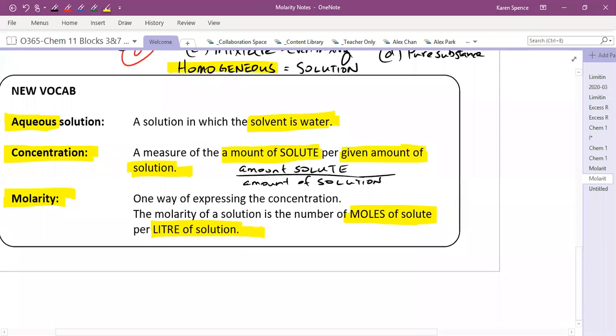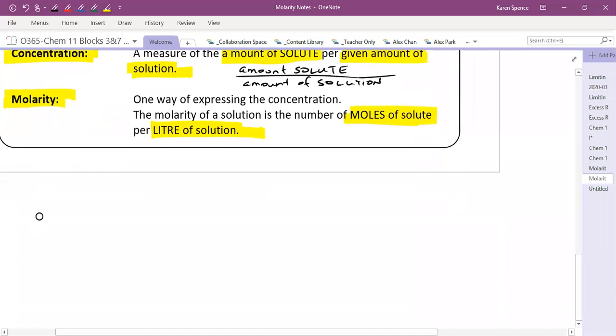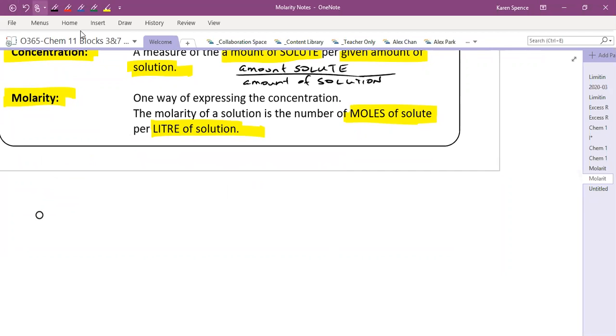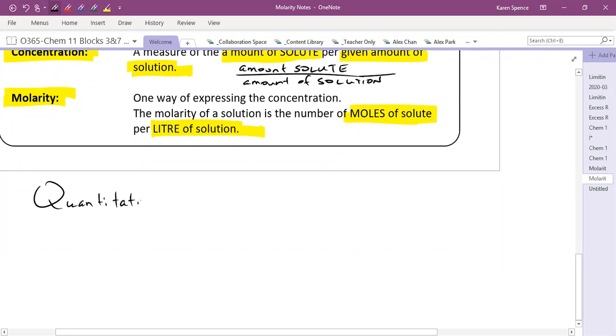All right, so let us go and take a closer look at units of concentration and molarity in particular. Quantitative concentration.